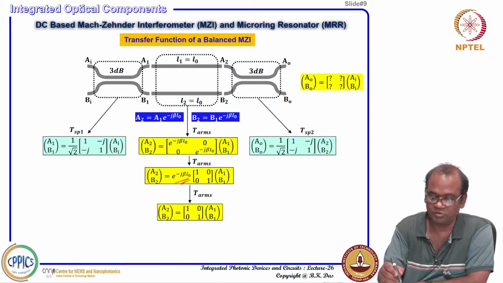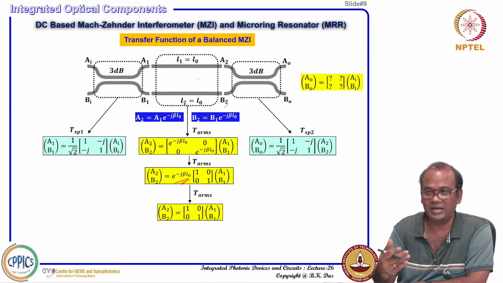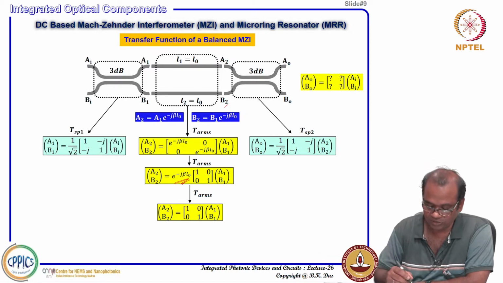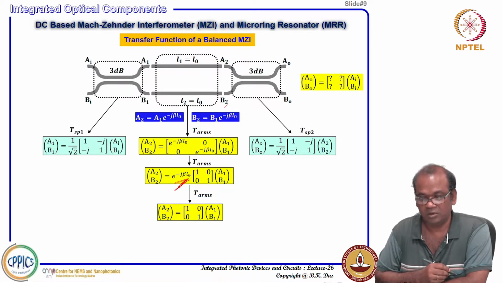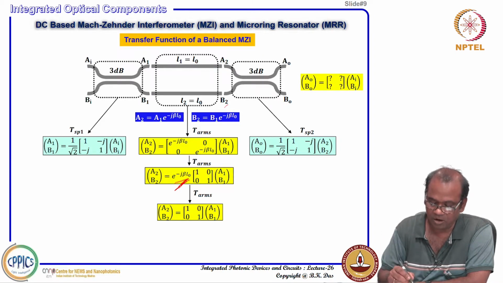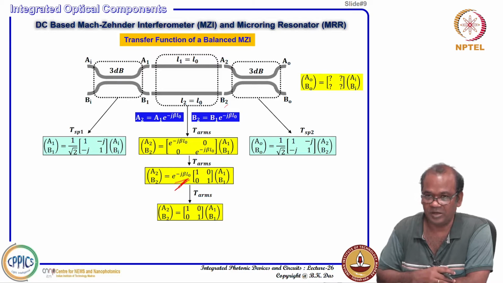A1 acquires the same phase and becomes A2, B1 also acquires the same phase and becomes B2. If they have identical phase, that is not important for further interference. So, this we can drop. In principle, it should be carried by both arms, but we drop it for simplification.